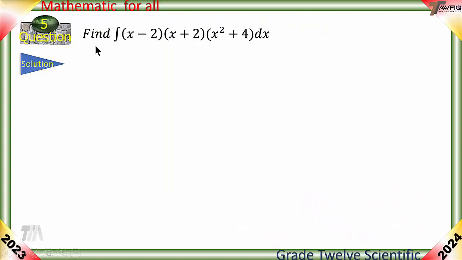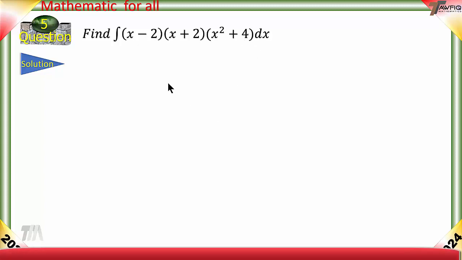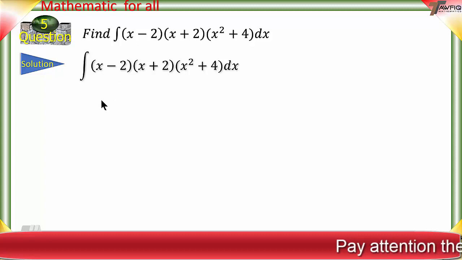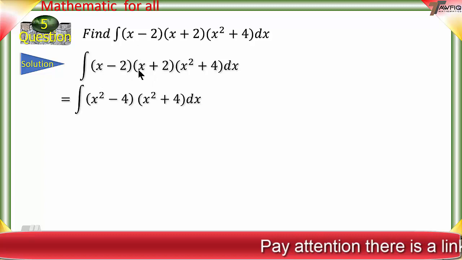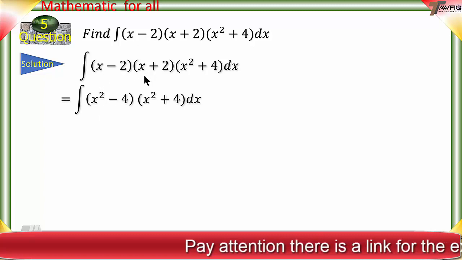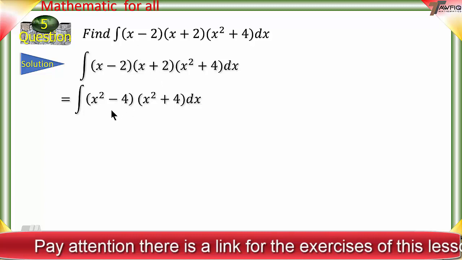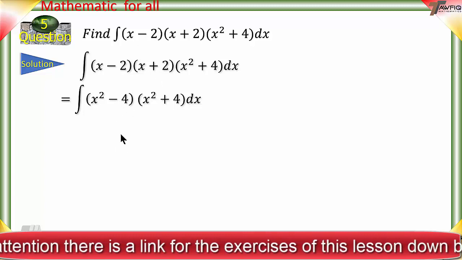Question number 5. Find the integration of x minus 2, x plus 2, x squared plus 4 dx. To take this integration, we must open these brackets. First of all, multiply x minus 2 by x plus 2, which becomes x times x is x squared, minus times plus is minus, 2 times 2 is 4, because it is the difference between two squares.